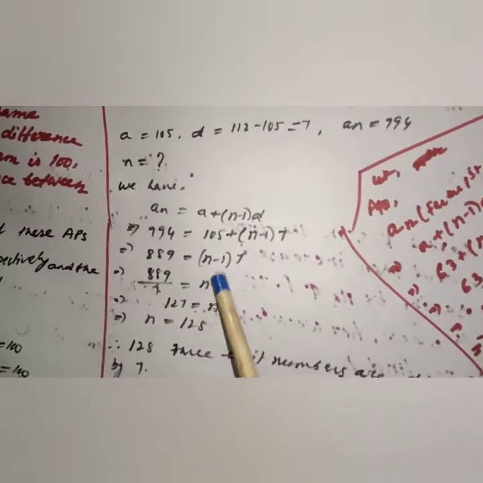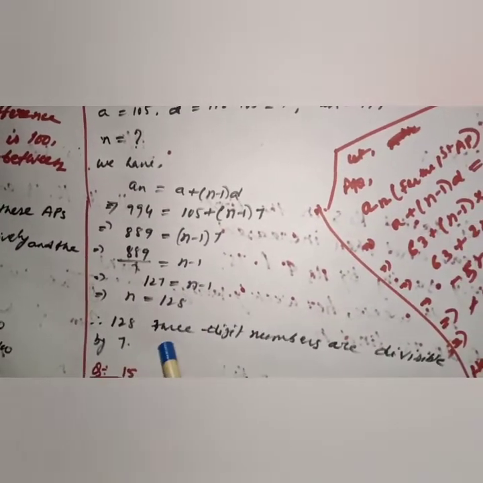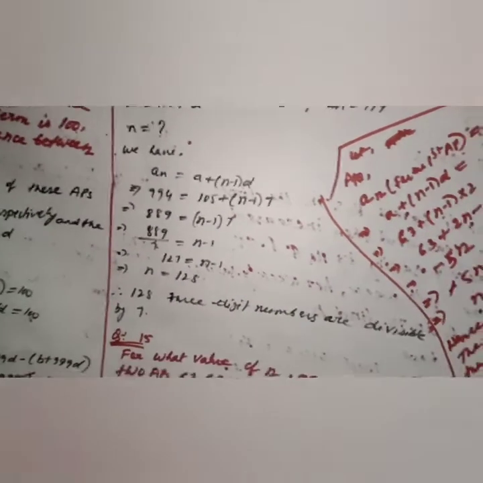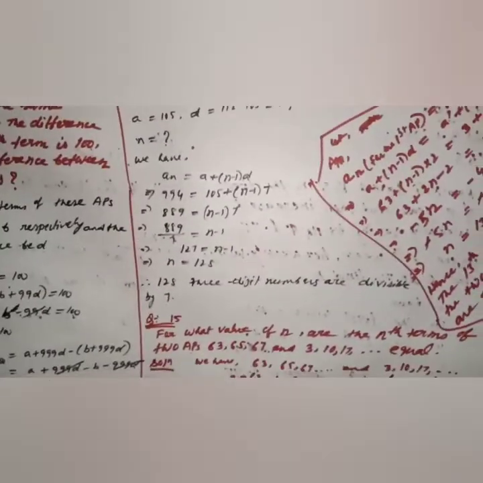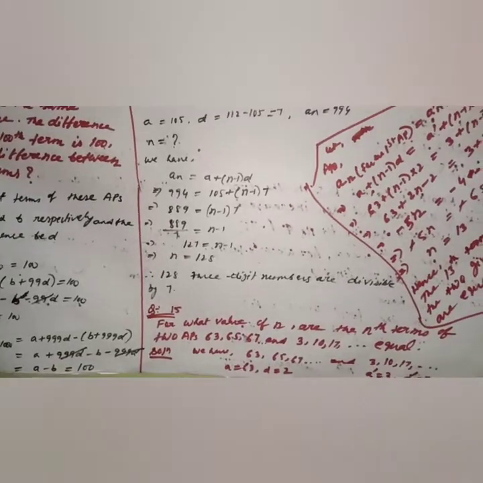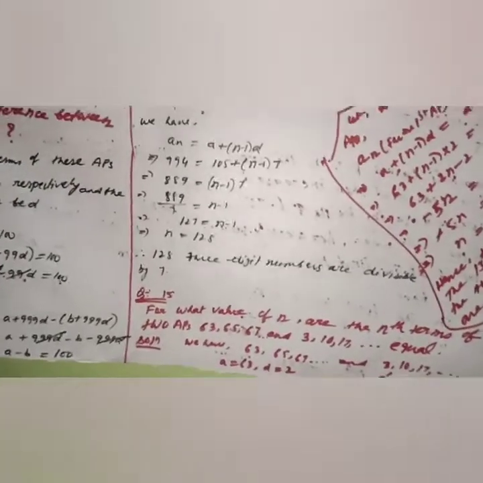I think this is simple calculation. So from 100 to 999 there are 128 numbers which are divisible by 7.